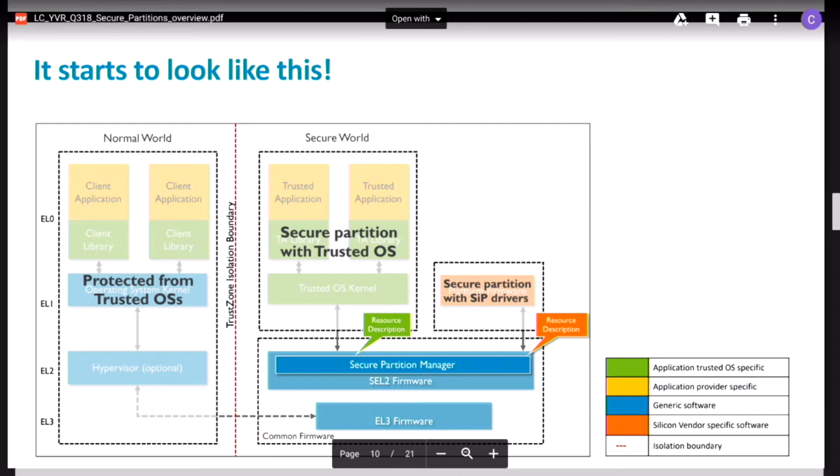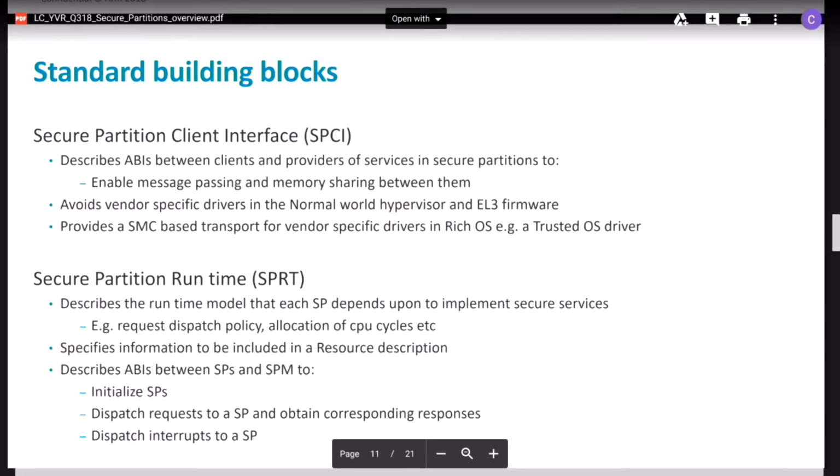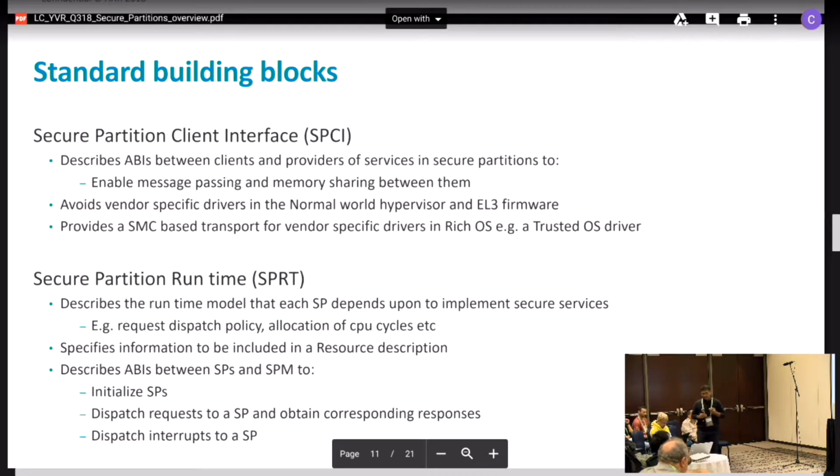But to ensure interoperability, there needs to be some kind of glue that binds these building blocks together. So the crux of the work that we are doing is specifying two documents. One is the secure partition client interface, and the other one is the secure partition runtime, where the client interface is essentially a set of ABIs or SMC calls that generalize message passing and memory sharing between a client and a secure partition, which would be a trusted OS.